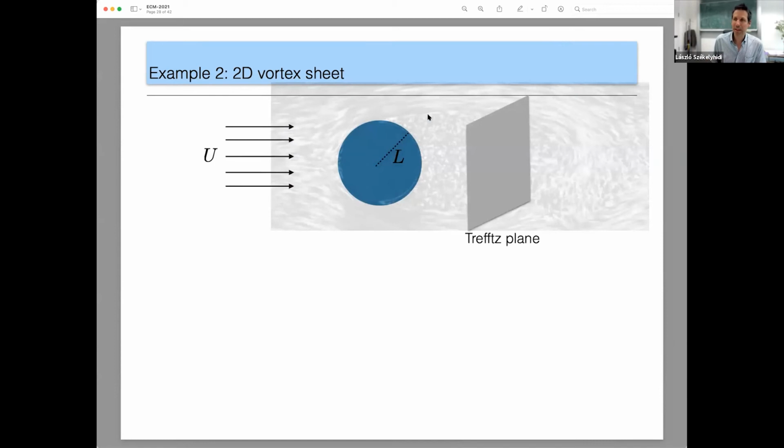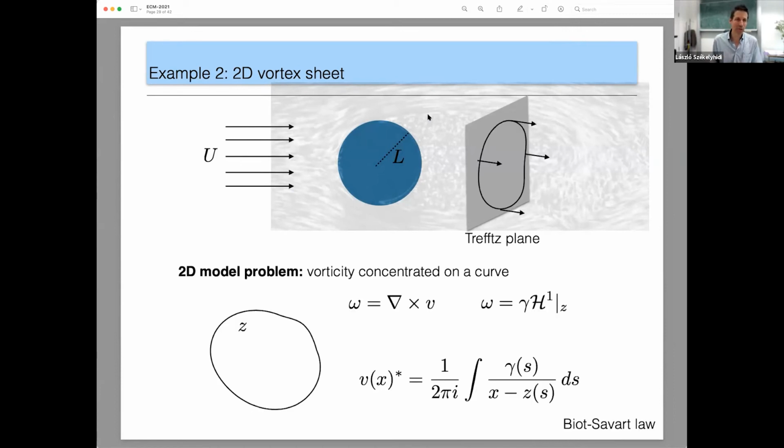And one way to do that is, well, to simplify the problem, you look at a plane orthogonal to the flow, called the Trefftz plane in the physics literature, and just study somehow a simplified evolution of this boundary on that plane. And this leads to the vortex sheet formulation in 2D.